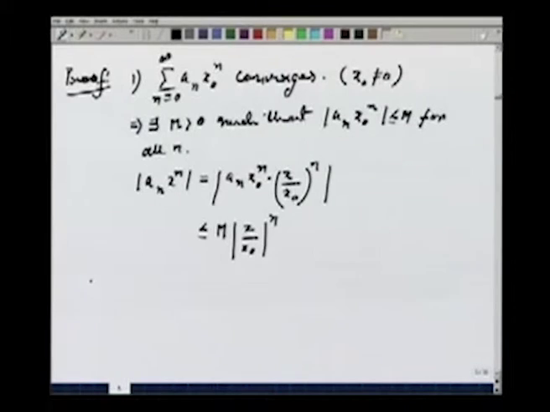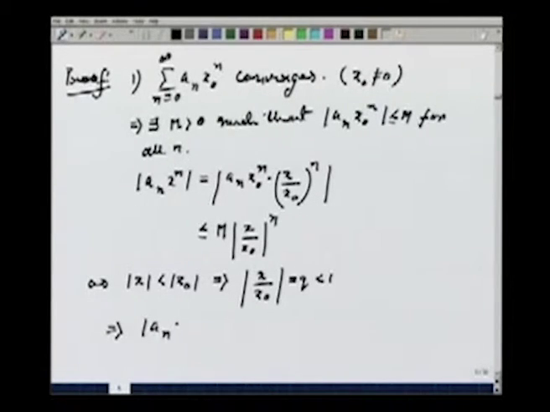Now notice, as modulus x is less than modulus of x naught, modulus of x by x naught, if you allow me, I will call it q, is strictly less than 1. And that means what I got is that mod a n times x to the power n is less than or equal to m into q to the power n.